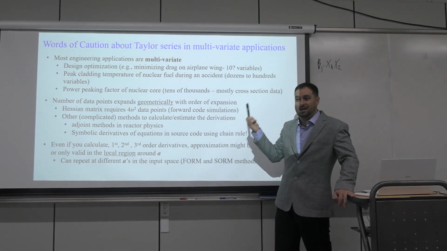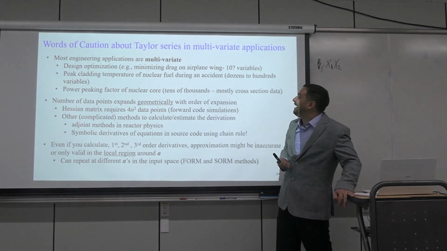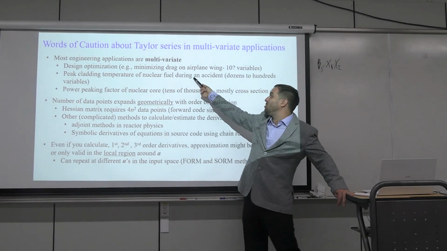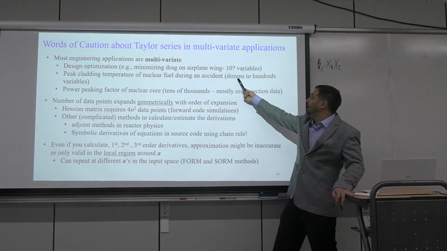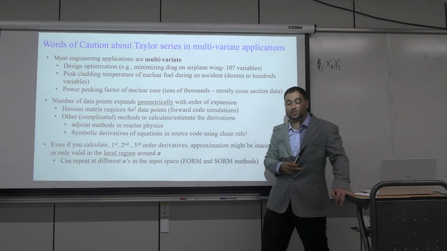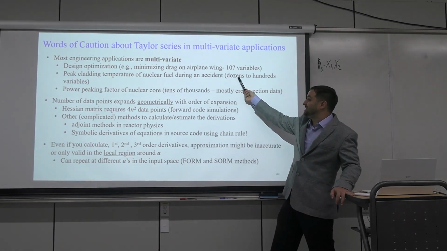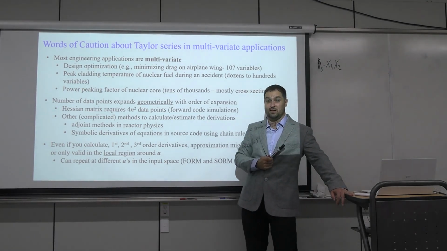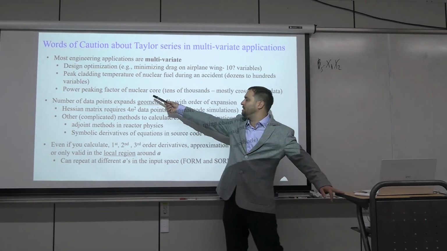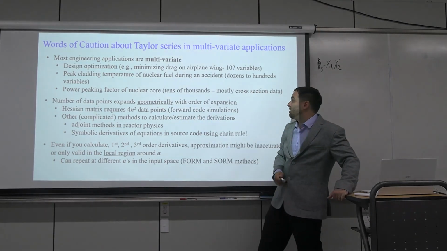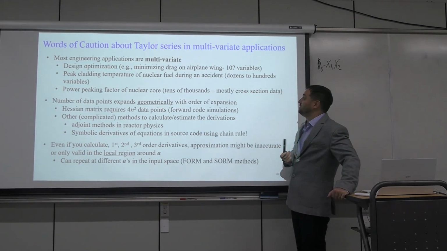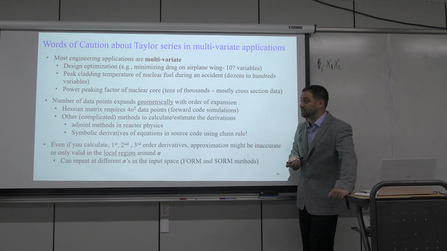I actually don't know, I'm not an aerospace engineer. The peak cladding temperature of nuclear fuel during accidents, those are some of the simulation data I showed in the first lecture, so there are dozens to possibly hundreds of variables. And also the power peaking factor of a nuclear core, there are tens of thousands of input variables. And this is mostly what's called cross-section data.